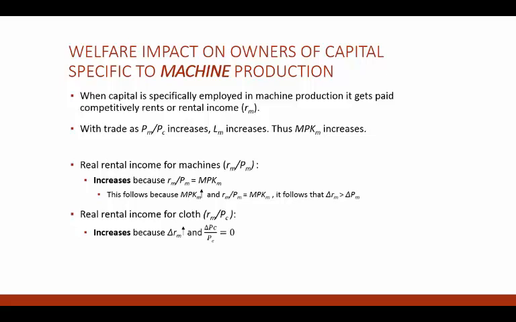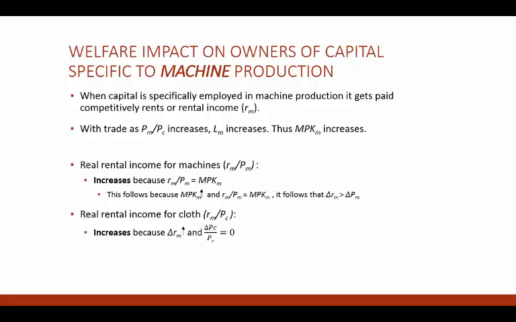Now we ask what happens to owners of capital specific to machine production in the US. The answer here is implied by what has happened in the labor market. With the increase in the relative price of machines, wages rise in the machine industry, leading to mobile labor moving toward machine production.